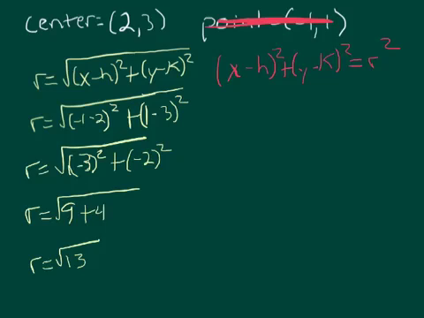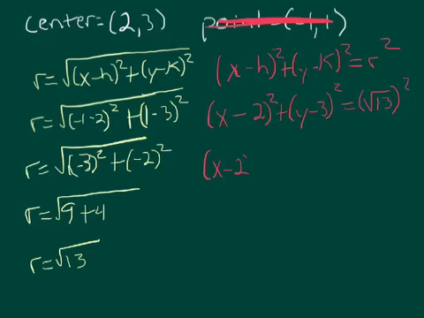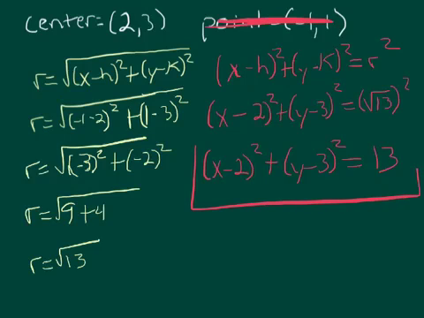So plug in the center points and the radius, and we now have x minus 2 squared plus y minus 3 squared is equal to the square root of 13 squared. So the standard form of this equation is x minus 2 squared plus y minus 3 squared equals 13. And that would be your answer for the standard form of the equation.